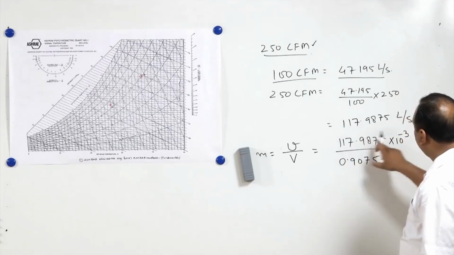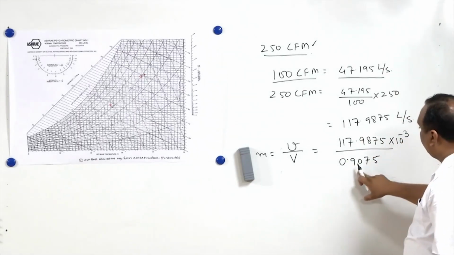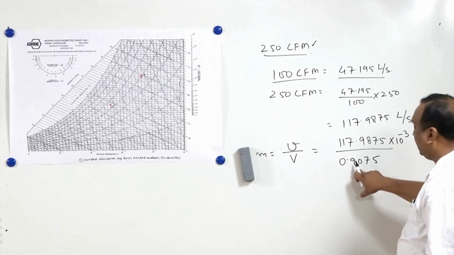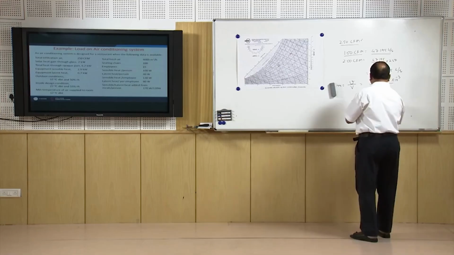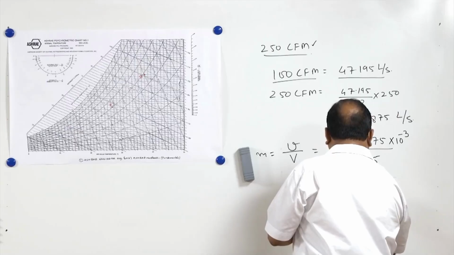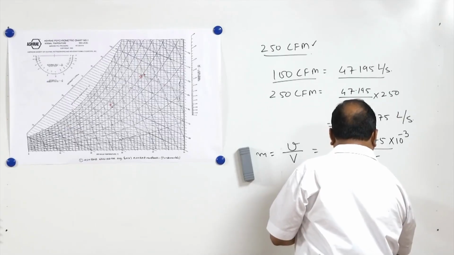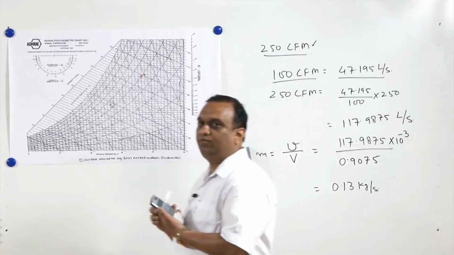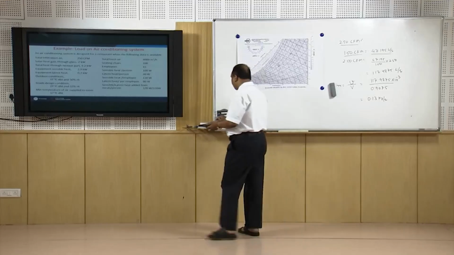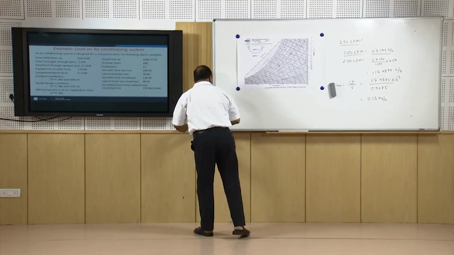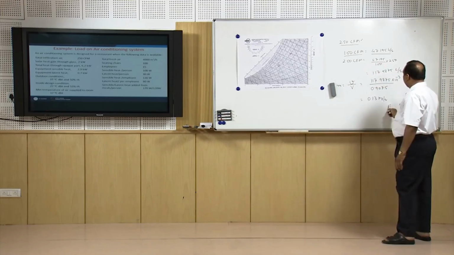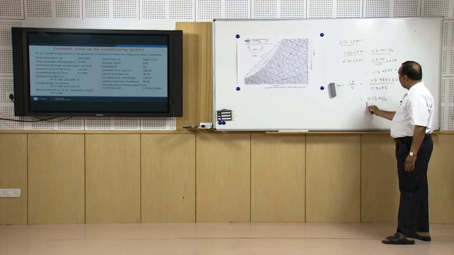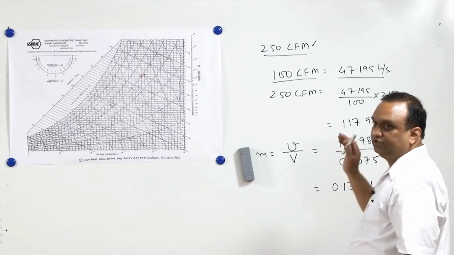Meter cube per second of air coming into the room divided by meter cube per kg of air. So this expression will give 0.13 kg per second. So the air which is getting infiltrated into the room is 0.13 kg per second.